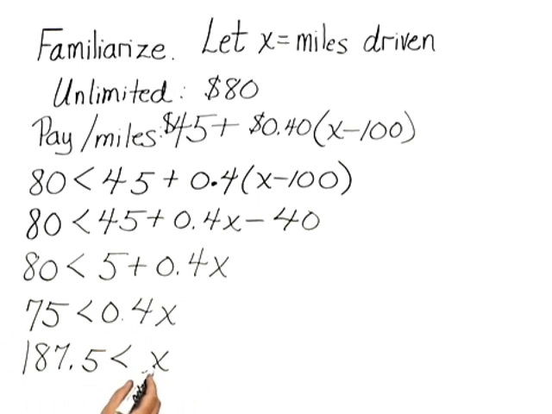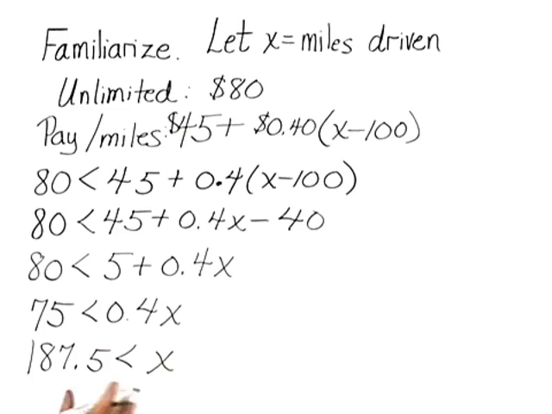Now remember, x was the number of miles driven, so when the number of miles driven is greater than 187.5, the unlimited plan would be less expensive. We can check by checking our calculations again, maybe checking a number that's greater than 187.5 and seeing if the unlimited plan is less expensive. And we'd find that this is the solution we're looking for.